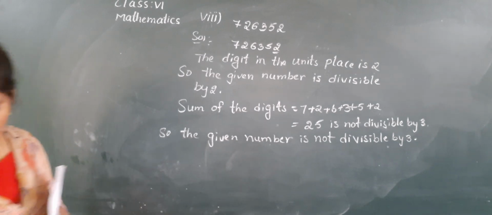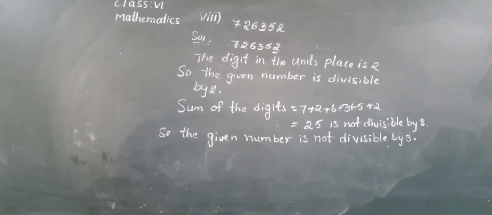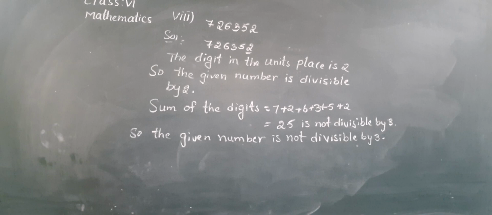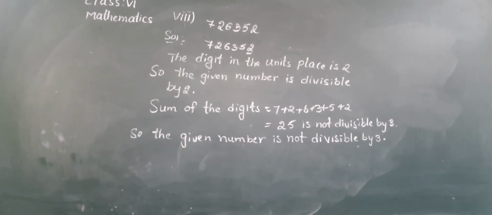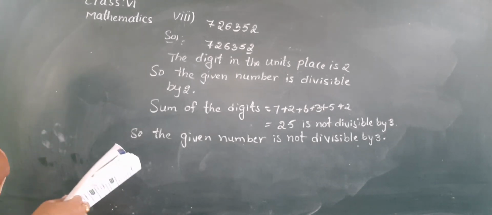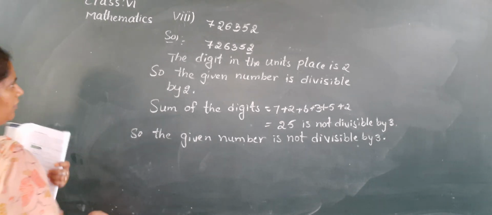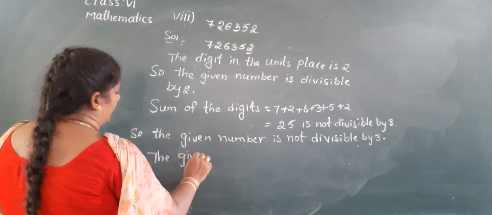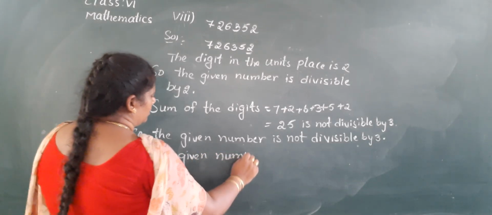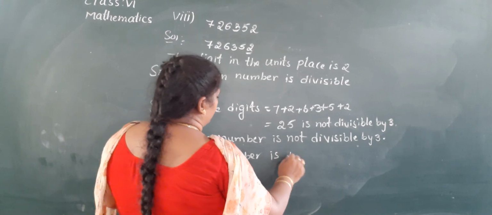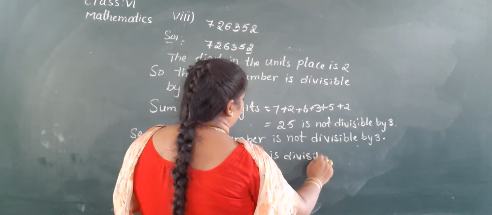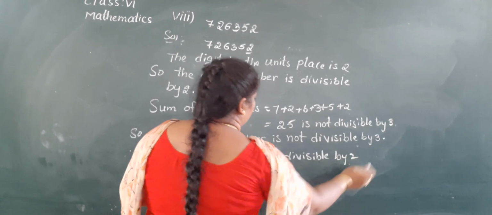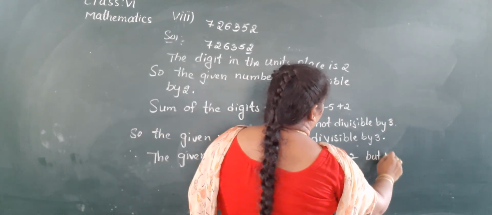Finish. Now, Seema, we'll write, therefore, the given number is divisible by 2 but not divisible by 3.